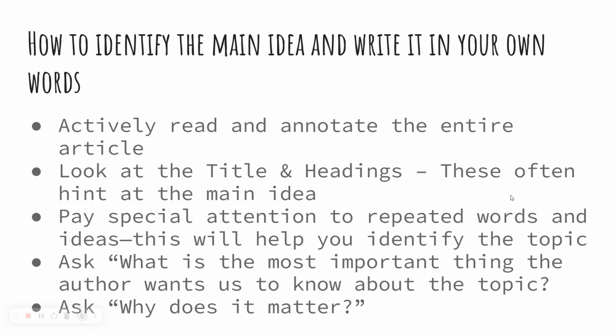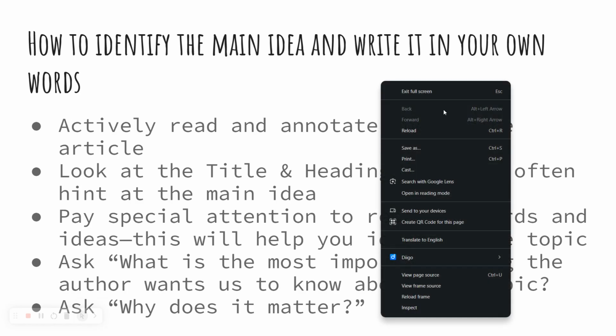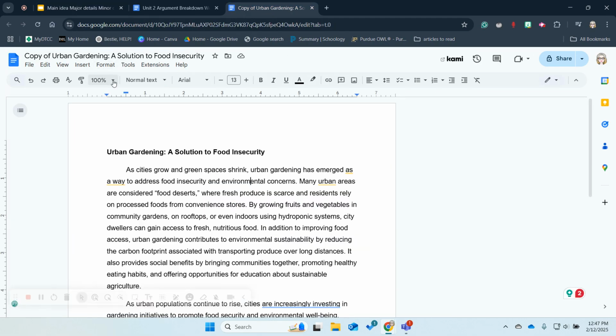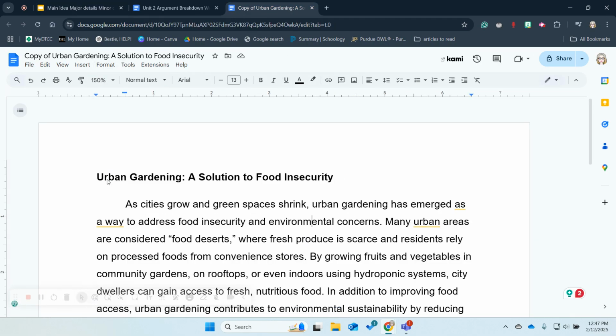Okay, so let's have a look at the sample. We'll go over here to this urban gardening example. What you might want to do right now is pause the video and read through these few paragraphs and maybe take some notes. What do you see repeated? What do you think is the topic?